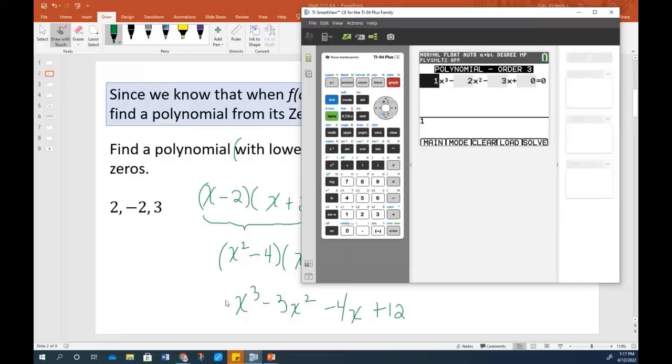So you would put in 1, -3, -4, and 12. In here, I have to hit enter between each one. So it's 1, -3, -4, and then positive 12. Once I have them all, and if you've got them all vertical, that's fine, we want to solve, which is up above graph.